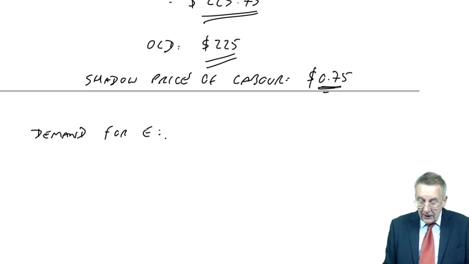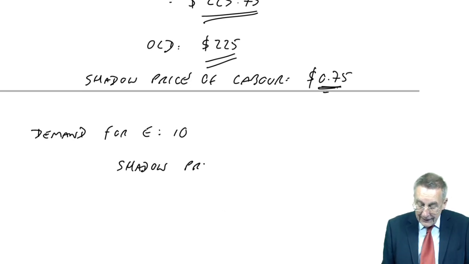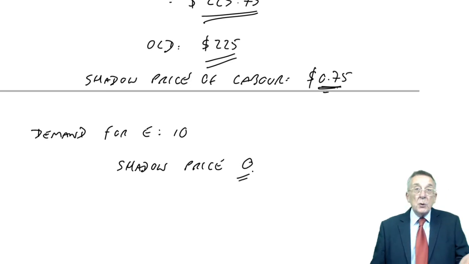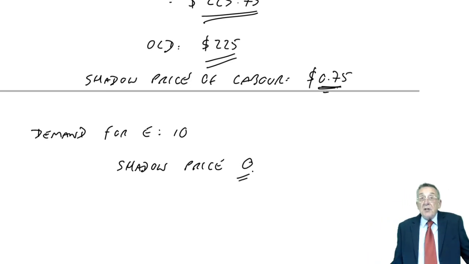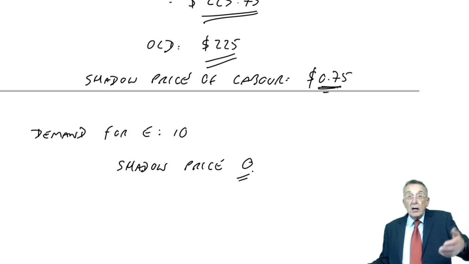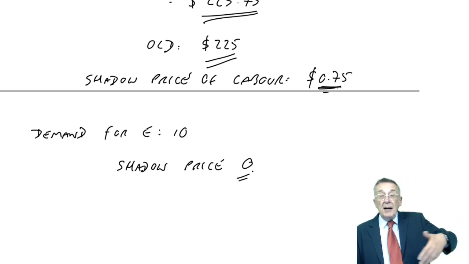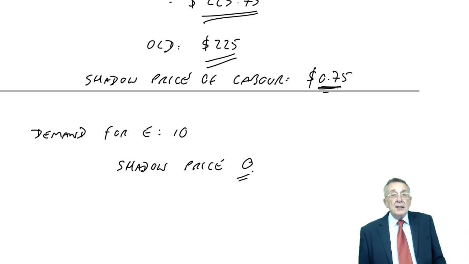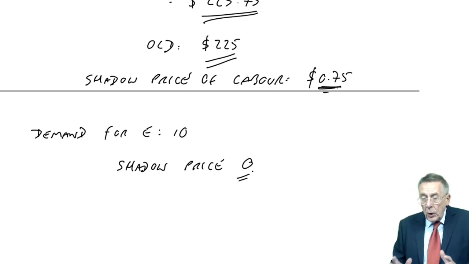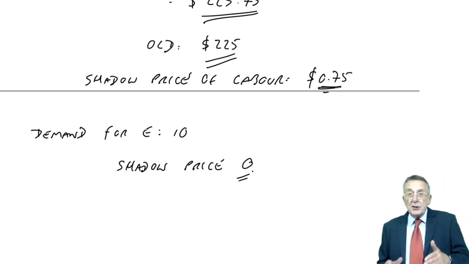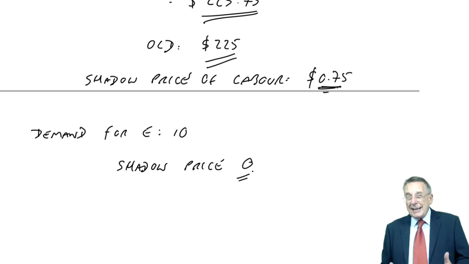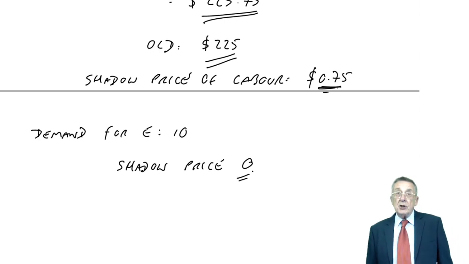Well, the shadow price for E would be 0. We've got slack at the moment. We're not using all the demand that's there anyway. Even if demand were 11, even if demand were 100, it wouldn't make any difference because we were limited by labour and materials. And so it's only those constraints where there's no slack, where you're using all that's available, it's only those constraints which will actually have a shadow price.